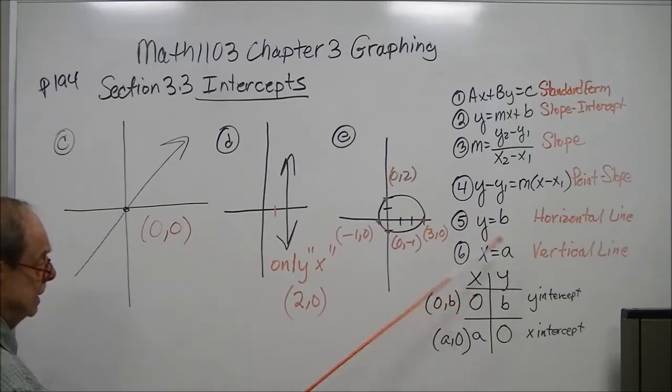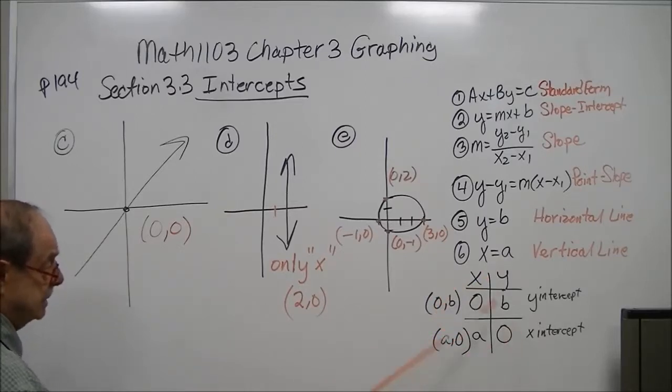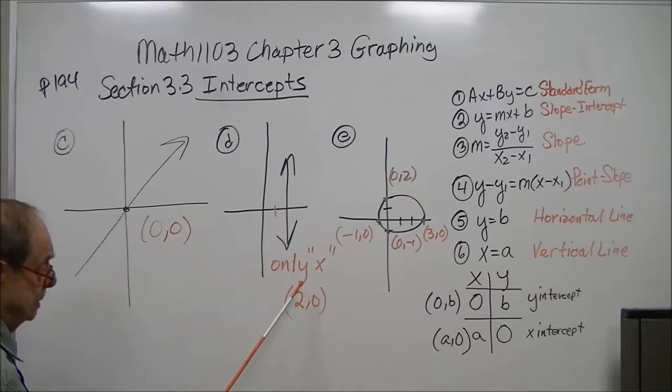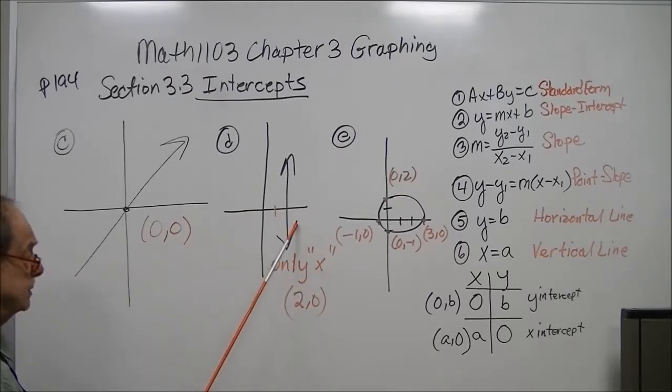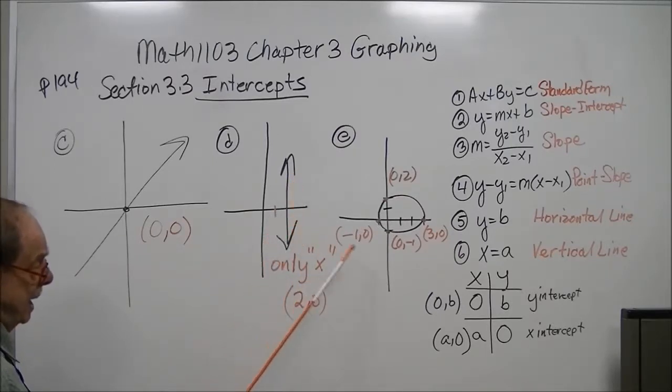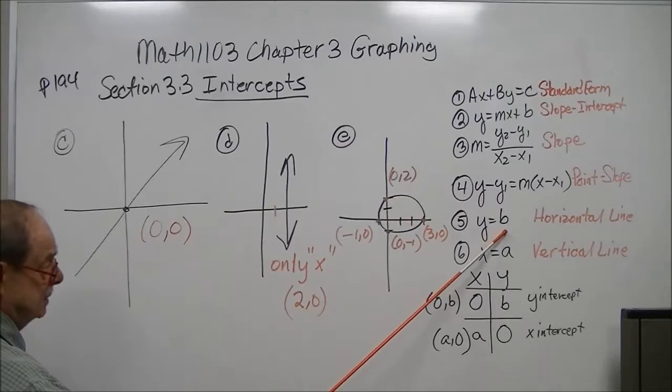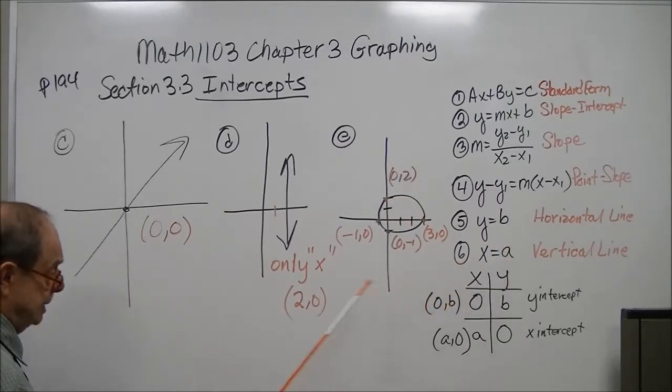It's a vertical line, and that is going through an A point, which is an x-intercept. So here it's going through 2, comma 0. There's only an x-intercept for these. As when we do number 5, there would only be a y-intercept. This is your y-intercept. This is your x-intercept.